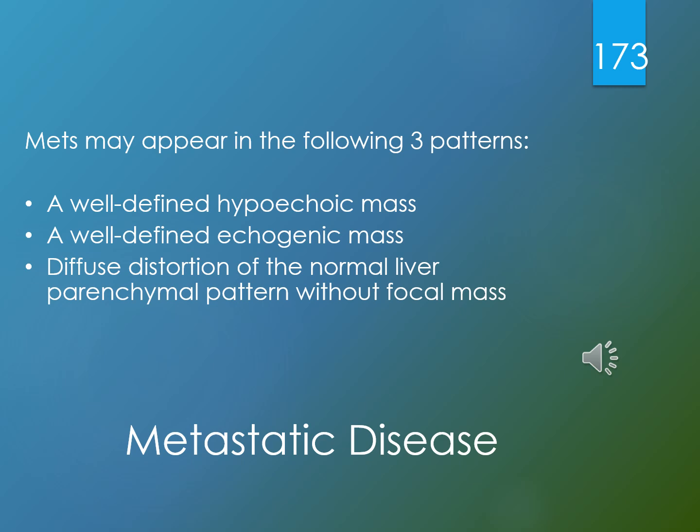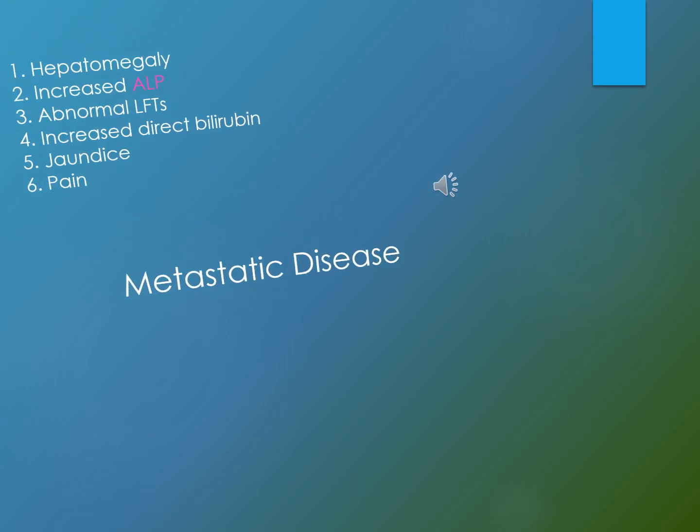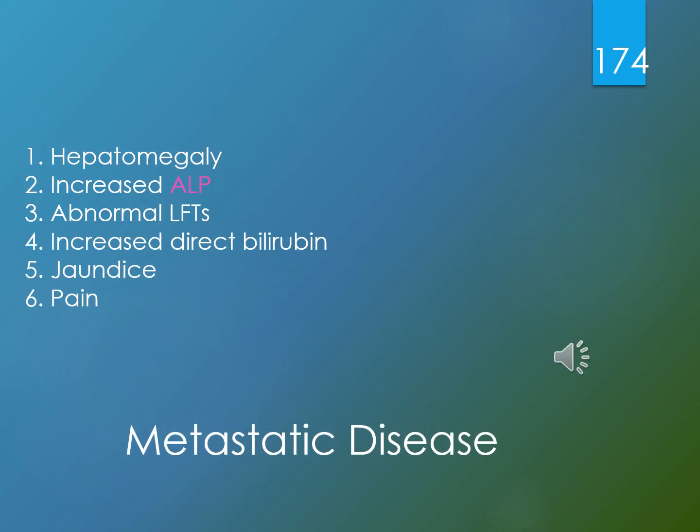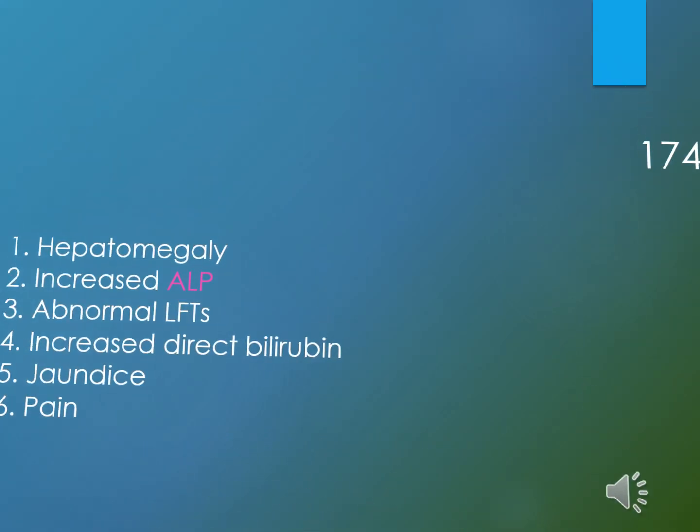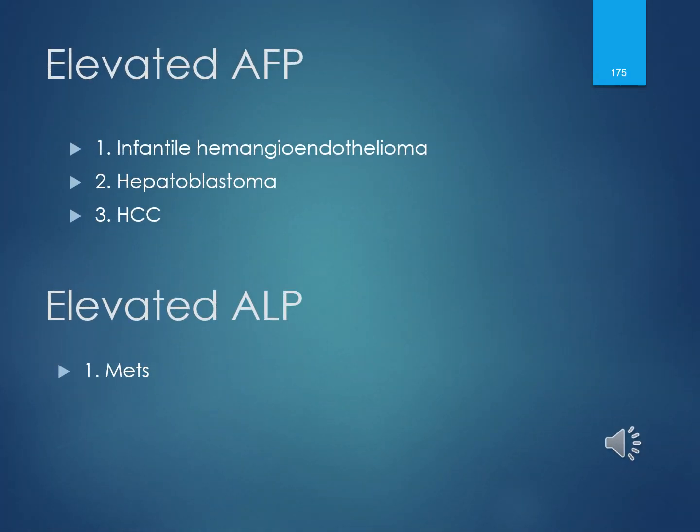Again, diffuse distortion is often very challenging to see under ultrasound. Metastatic disease, it's common to have hepatomegaly, increased ALP, abnormal LFTs, increased direct bilirubin, jaundice, and pain.